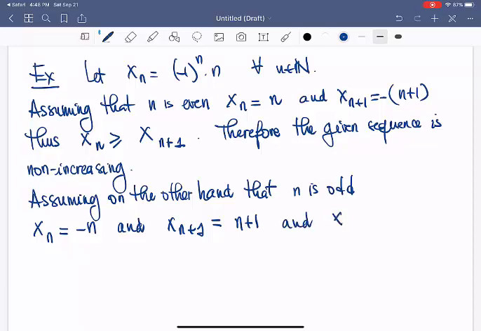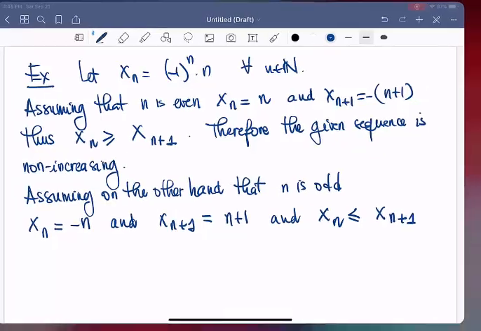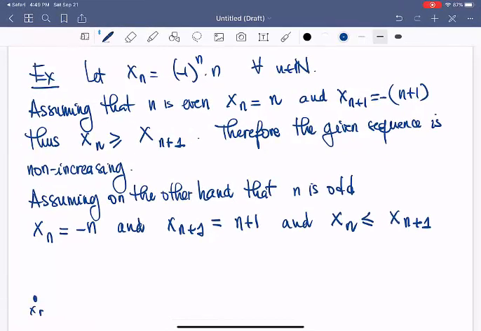And of course, in this case here, xn is less or equal to xn plus 1, because one is negative and the other is positive. So you'll have a case where this is like xn and this is xn plus 1. So this sequence here is clearly non-decreasing, right?